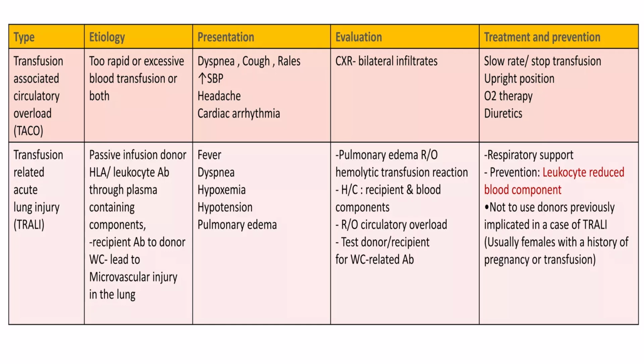For treatment, if you give diuretics to the TACO patient, the patient will improve, and we have to stop the transfusion, make the patient upright, and give oxygen therapy. For the TRALI patient, you have to give respiratory support, and prevention is better. For prevention, leukocyte reduced blood components should be given to this patient, and do not use donors previously implicated in a case of TRALI, usually a female with a history of pregnancy or transfusion.